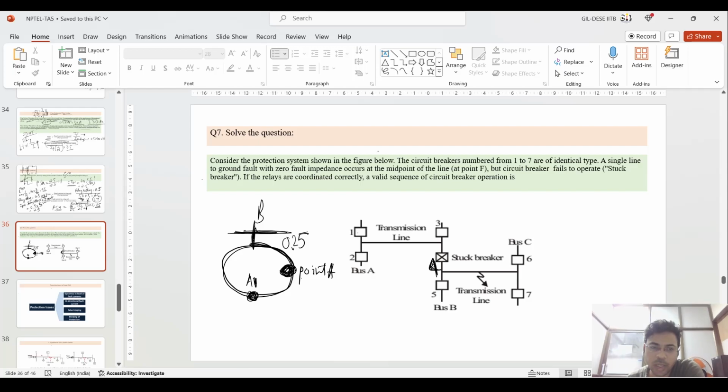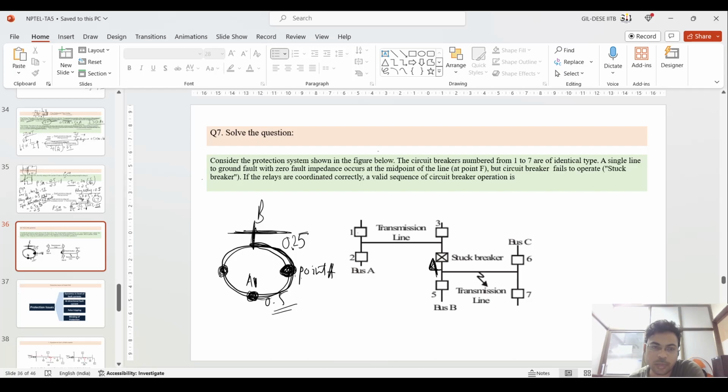Suppose I am at a point A1. I have to make certain settings so that this A1 goes to the B place. So I make this setting, this plug setting multiplier, as 0.5.